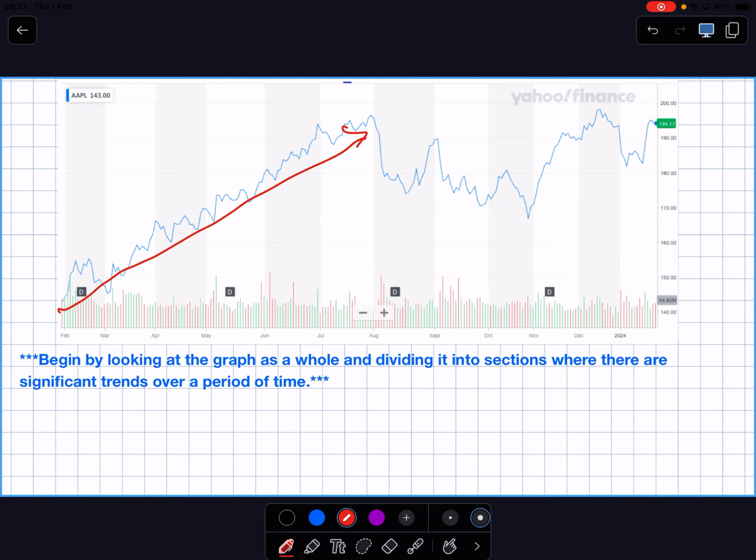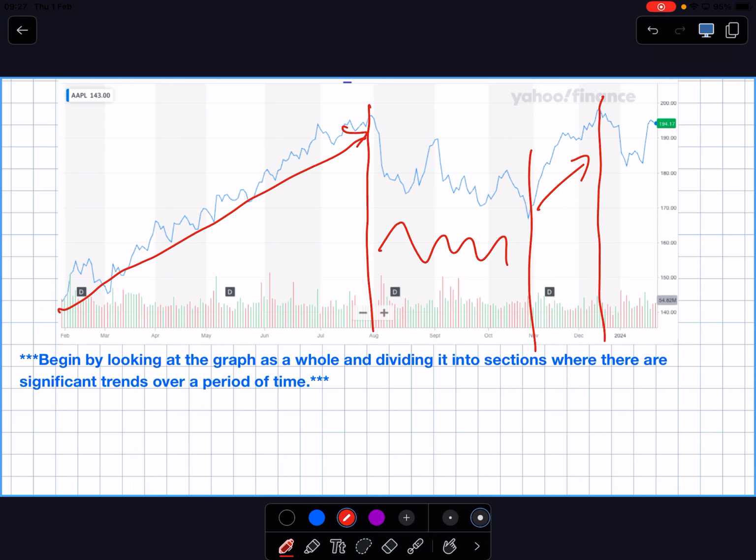I'm not going to mark you down if you draw a line down. Is it sort of up and down between August and November? Is that another section? From November to early December there was a rise, so you could talk about the rise there. Does this look pretty variable here? So this would probably be worth 4 marks if it was in your test.